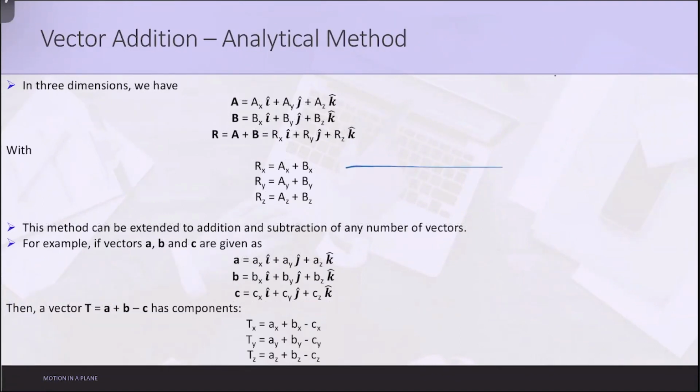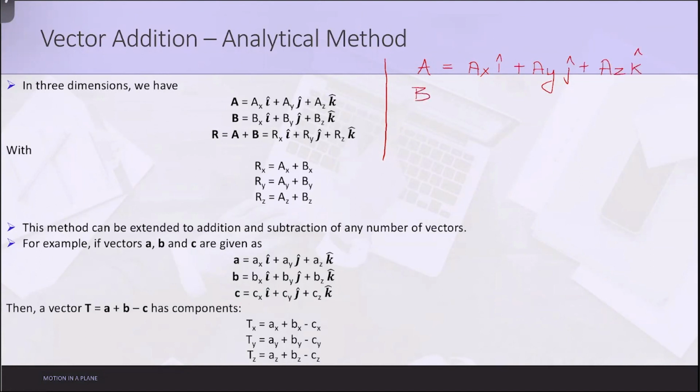Now understand more clearly. Let me broaden our aspect and move on to 3 dimensions. In 3 dimensions, as we understood in the starting of this lecture, A can be written as Ax i cap plus Ay j cap plus Az k cap.